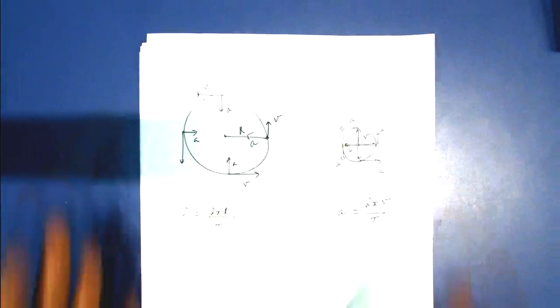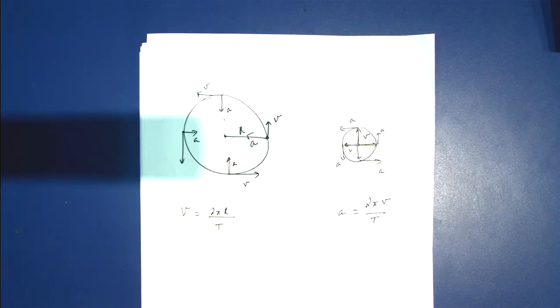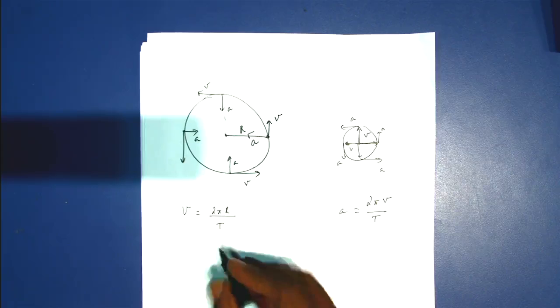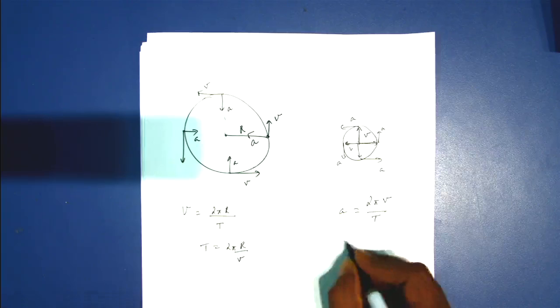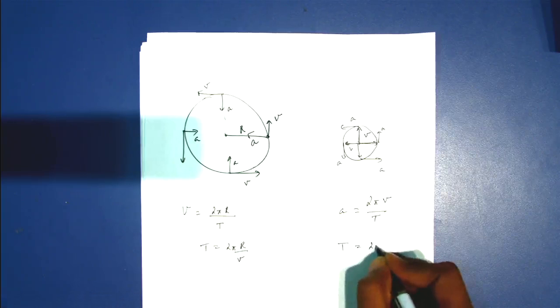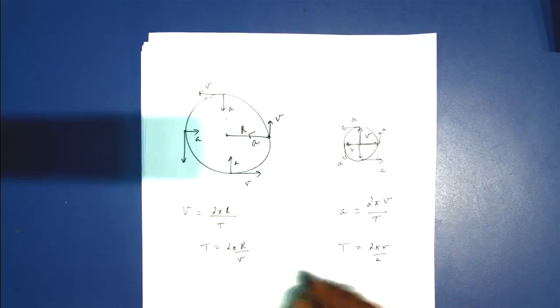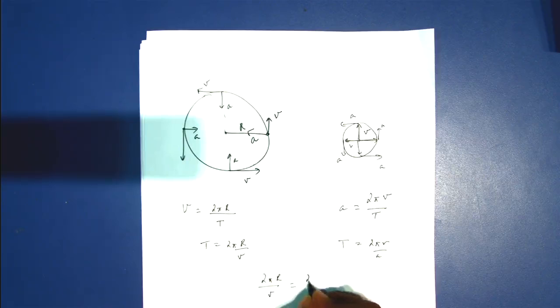They're relating the same quantities similarly. Because v is rate of displacement over time and a is rate of velocity over time, they relate this way. So to remove t, you can write t as 2 pi r over v, and you can write t as 2 pi v over a. Equate these two, and you get 2 pi r over v equals 2 pi v over a.